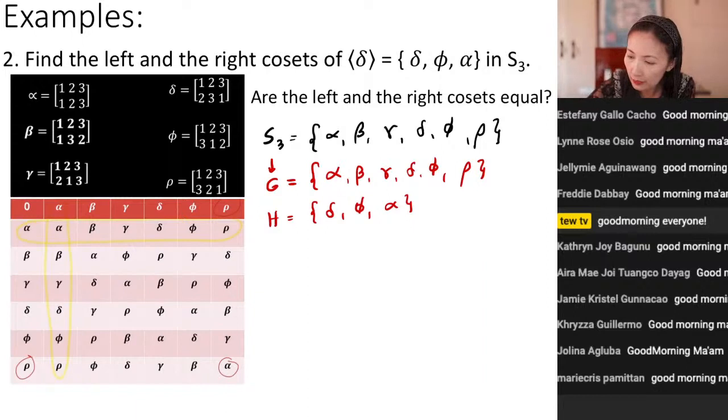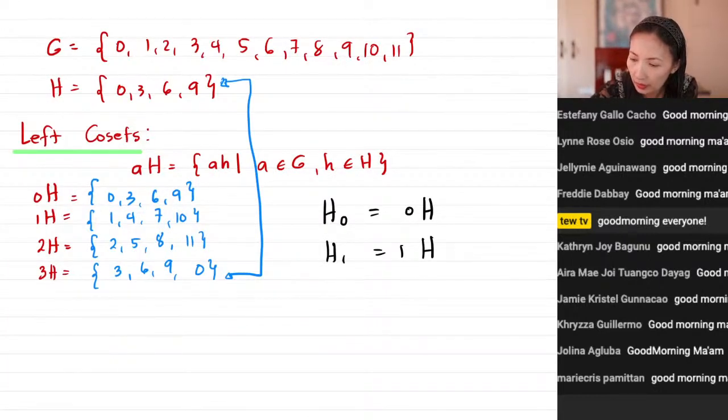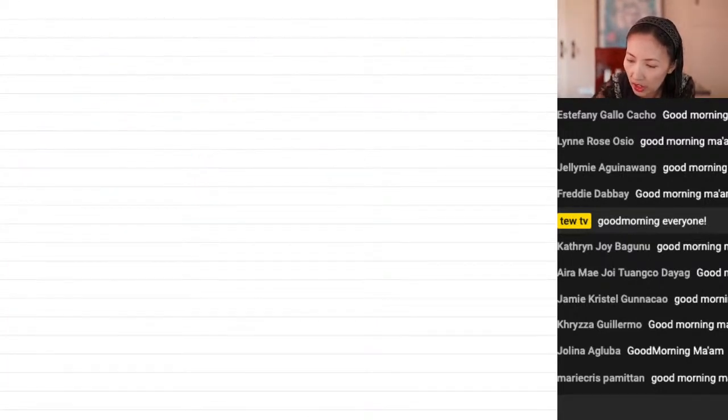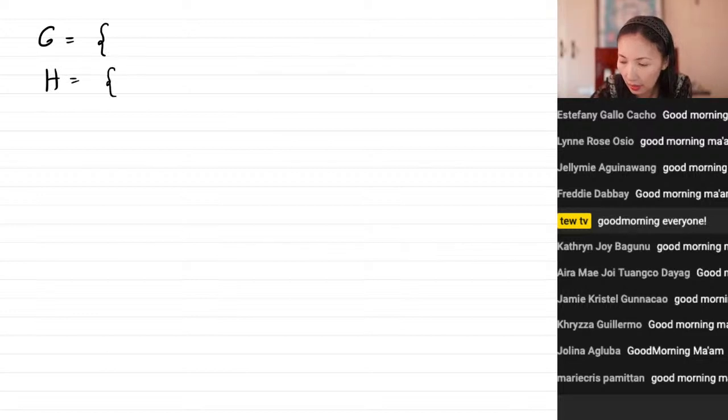Okay, so let me write down our G once again, which is the set. And our H is delta, phi, and alpha, which is the identity element. Here we have alpha, beta, gamma. Which one is next?